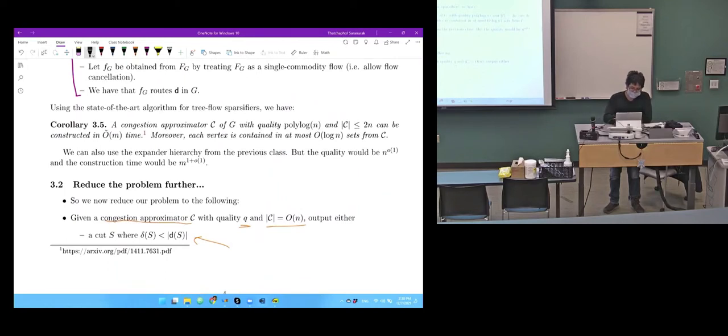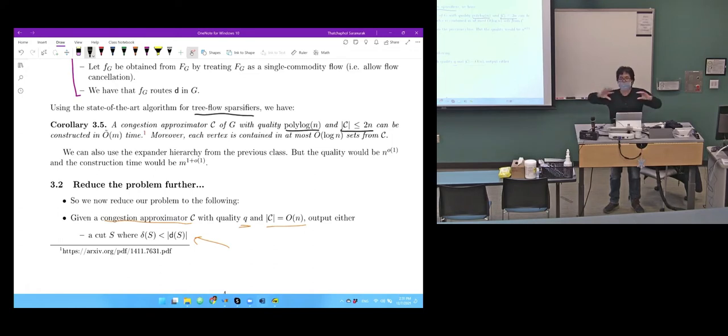So yeah. And if you use a state-of-the-art algorithm for tree-flow sparsifier, then you're going to get a congestion approximator with quality polylog. And the number of cuts in the family is at most 2n. Why is that?